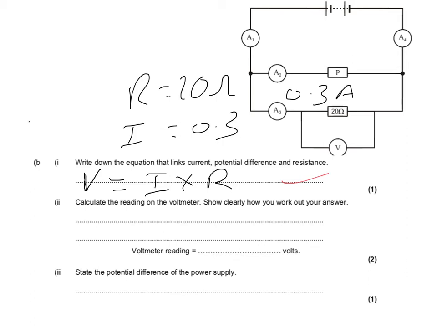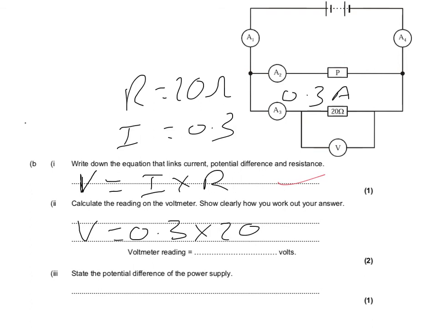So to work out the reading on the voltmeter, we do V equals 0.3 times 20. You can put that into your calculator, and you get the answer equals 6 volts. In terms of the marking of that question, you get a mark for this bit, and a mark for that bit there, that's worth 2.